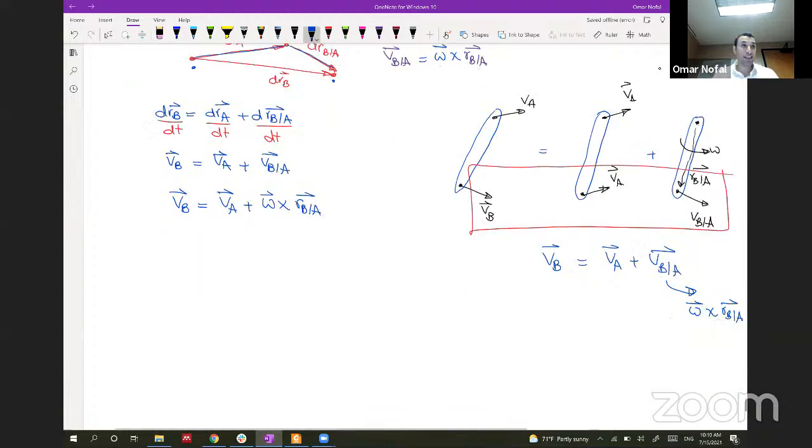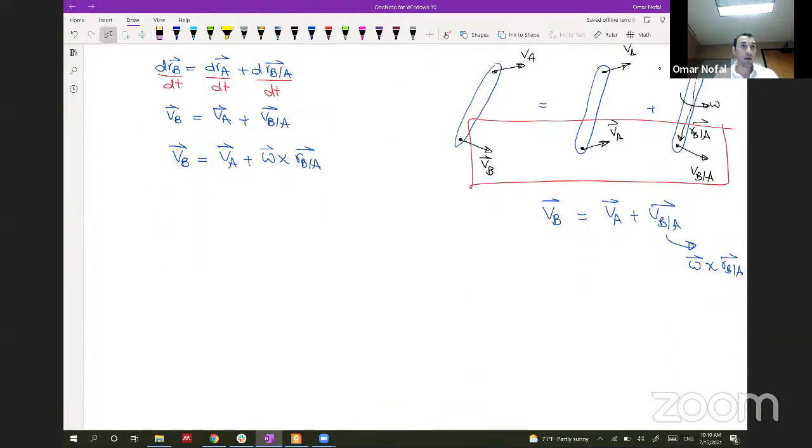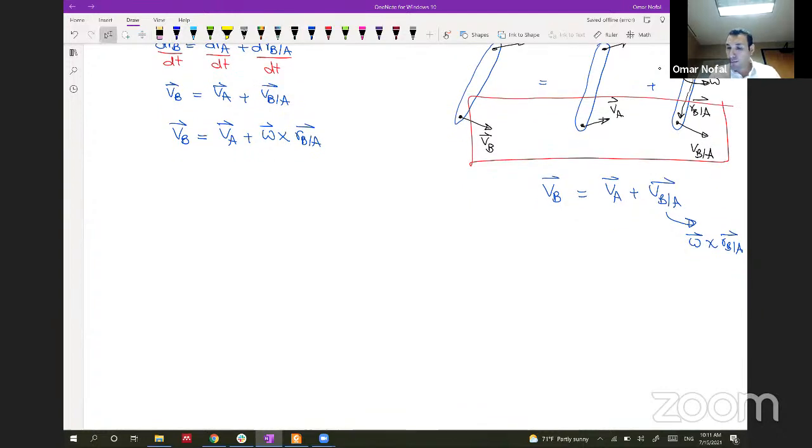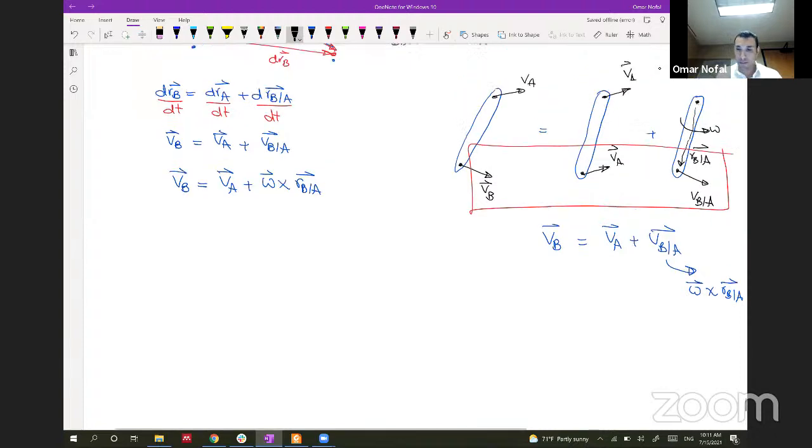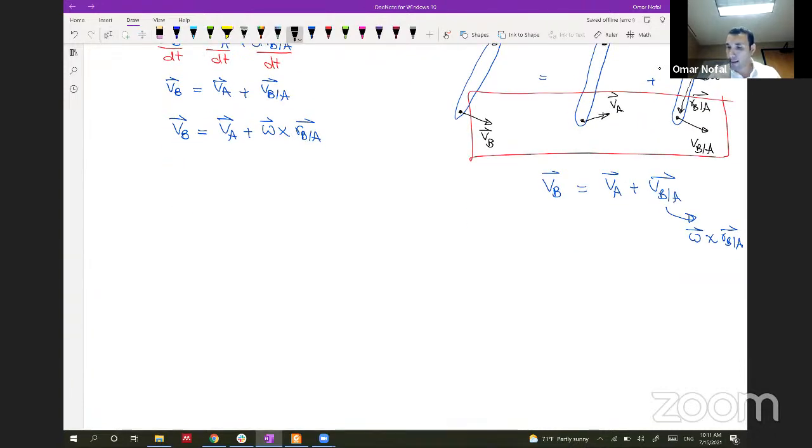All right, so let's do some applications on how we can get the relative motion between different points on different bodies. So for example, if we have an arm like this, and this arm is restrained at point, let's name this point A, restrained like this, like you have a hydraulic cylinder at this location.